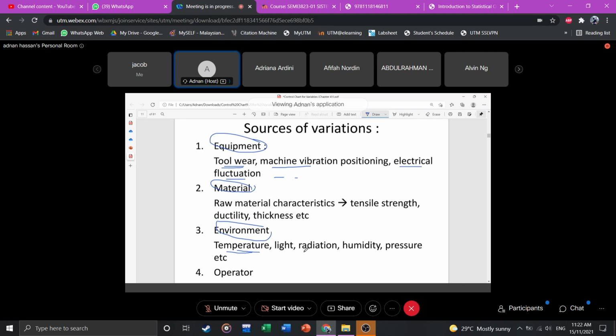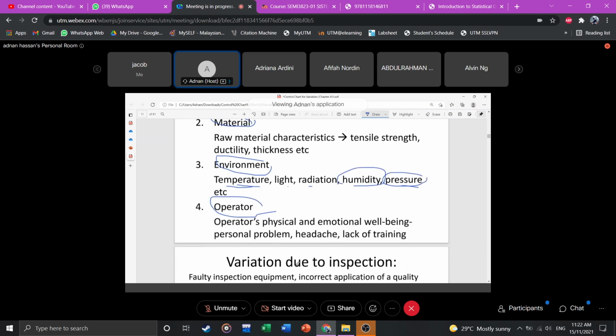Could be radiation, humidity, and also pressure at different heights of the building. Ground floor has different pressure compared to maybe the 10th floor, for example. And operator skill.